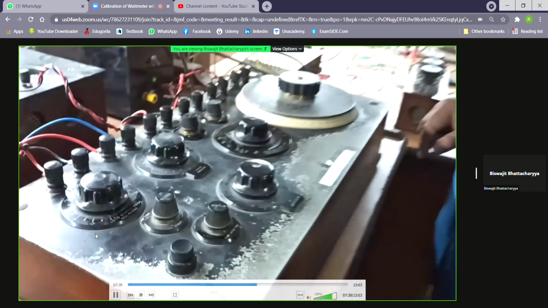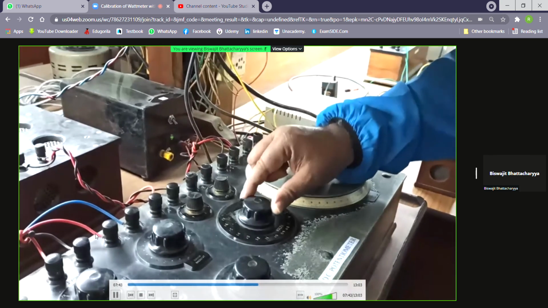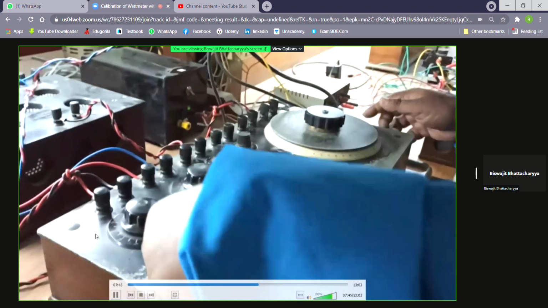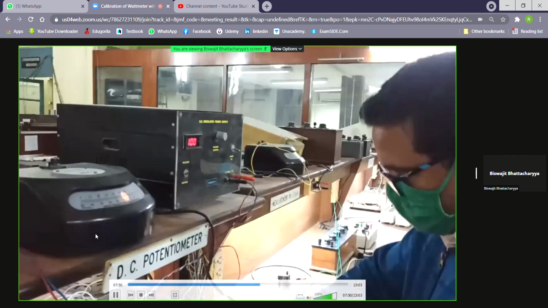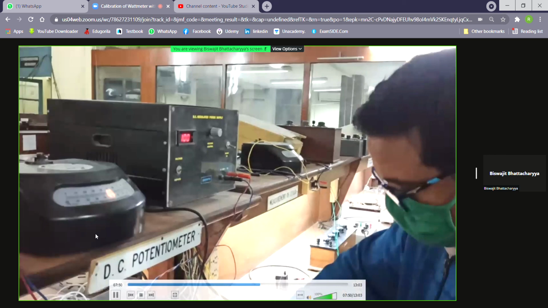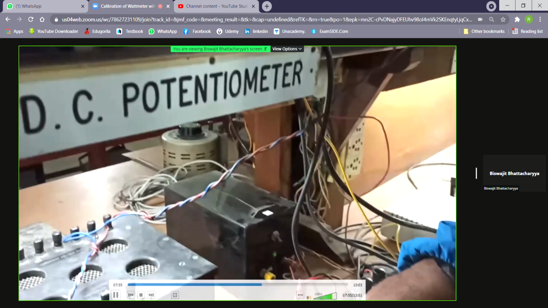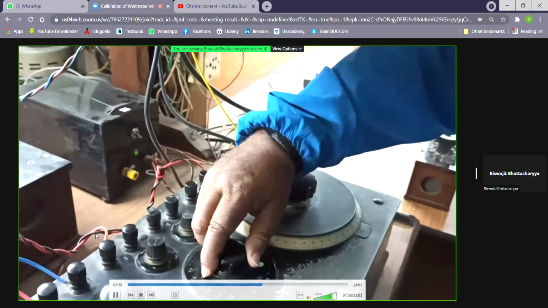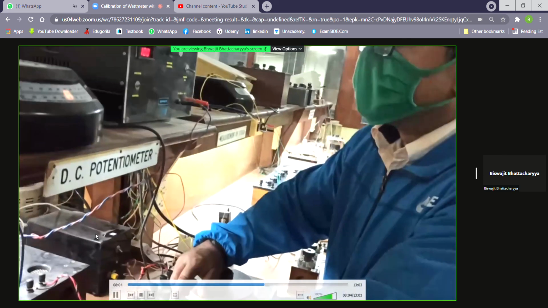Now when we trigger the push button, we will see there is a deflection in the galvanometer. The circuit is unbalanced. Now, by varying the main slider and the vernier slider, we will try to get the null point.